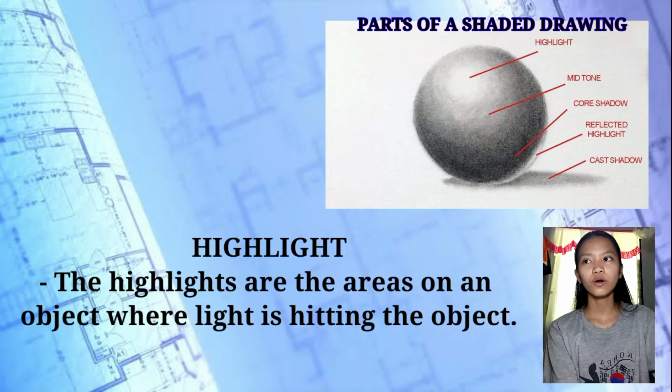So pag magdo-drawing naman kayo ng object, pwedeng kayo na mismo yung pipili kung saan yung highlight part ng isang drawing. So pag meron namang instances na on the spot na nagpapa-drawing, yung magpapa-drawing ay nagpapatama ng light, kung saang perspective ka nandoon, yun mismo yung ido-drawing mo.